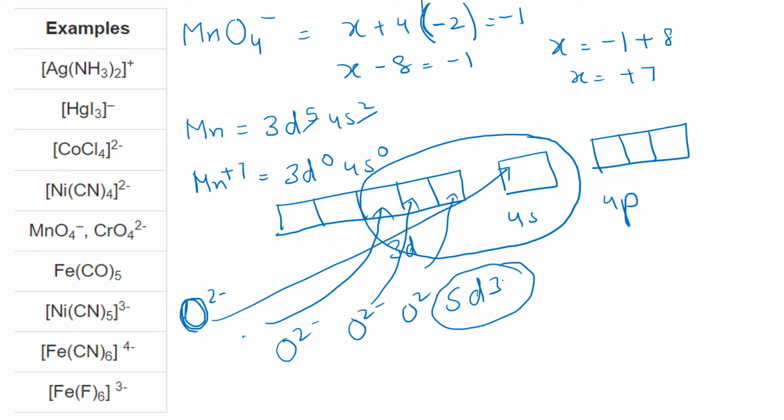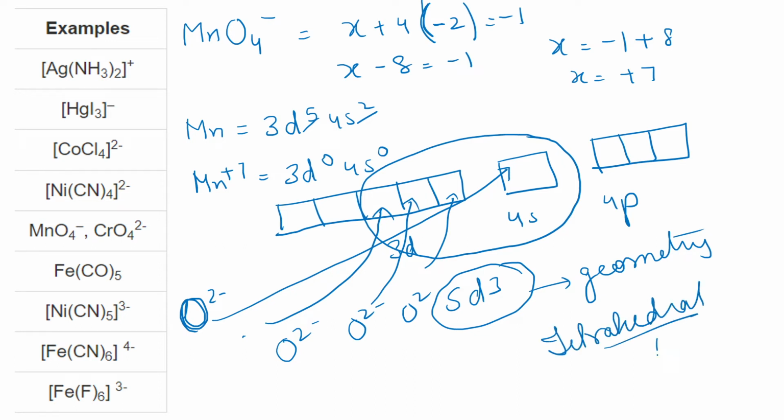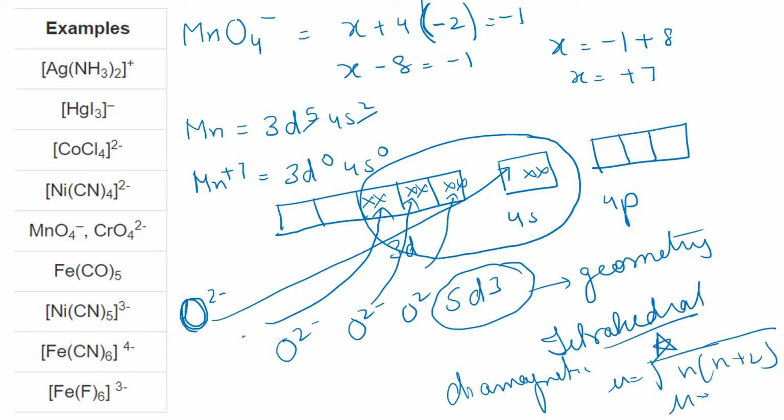For this sd3 hybridization, what will be the geometry? Geometry is tetrahedral. Are there any unpaired electrons? The electrons that will be coming over here will be like this. So since there are no unpaired electrons, the complex is diamagnetic. And the magnetic moment will be mu is equal to under root n into n plus 2. Since n is equal to 0, magnetic moment will come out to be 0.